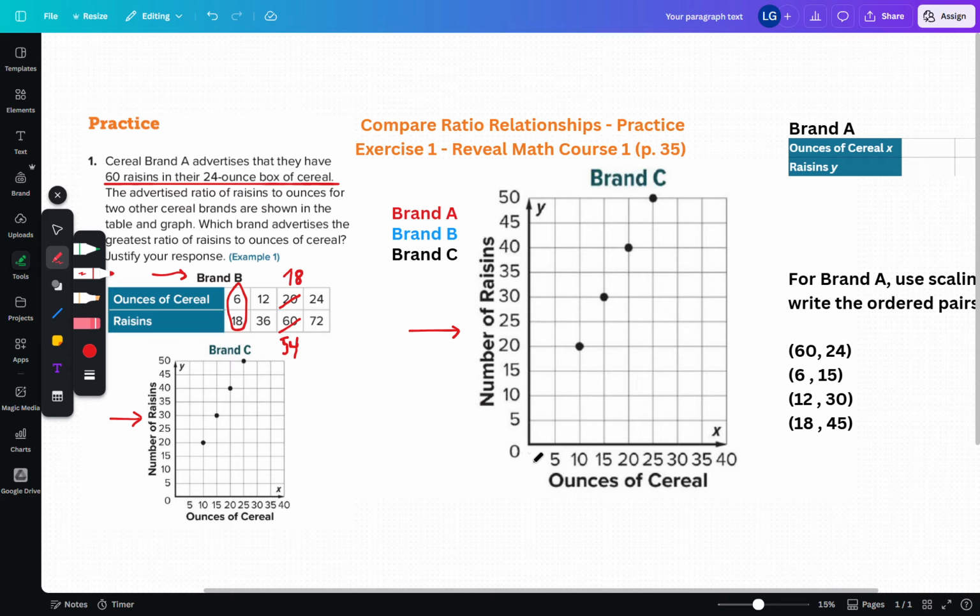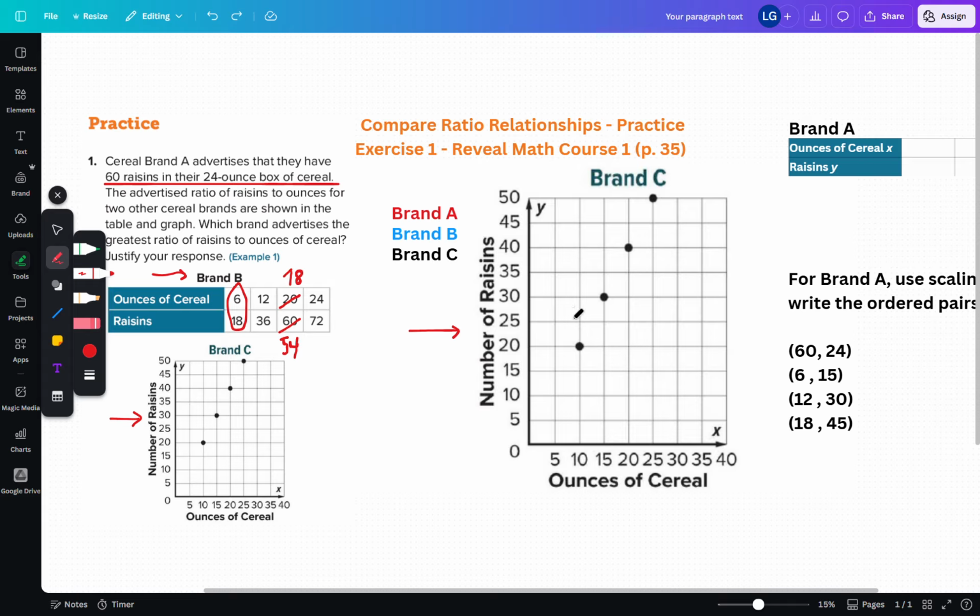If you notice on the x-axis for the graph, we have the ounces of cereal, and on the y-axis we have the raisins. If I want to graph this ratio, which is 24 and 60, 24 is almost here. And if I try to find the y-coordinate that represents 60 on the y-axis, it's outside the graph. So I cannot graph that point because my graph is limited.